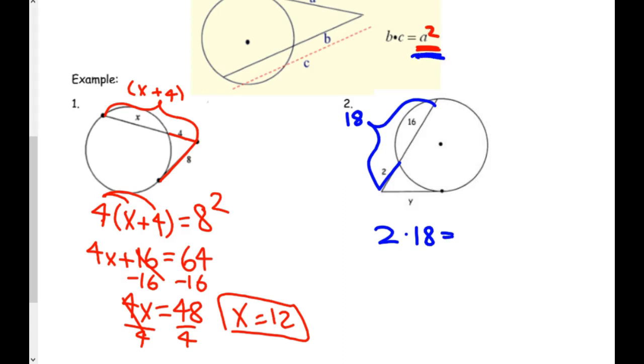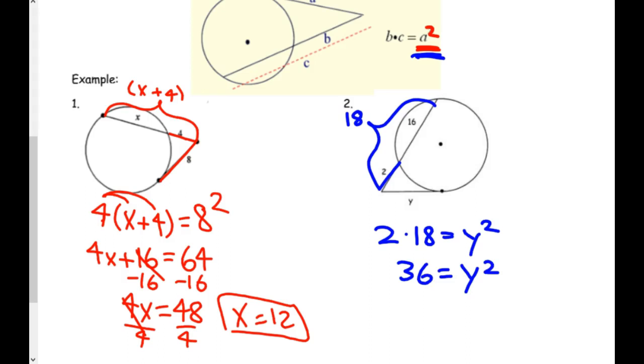Square it, right? So y squared. So what's 2 times 18? 36 equals y squared. And how do I get rid of a square?